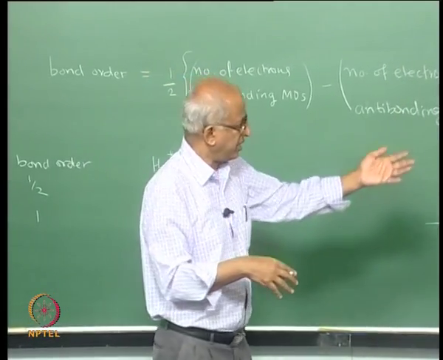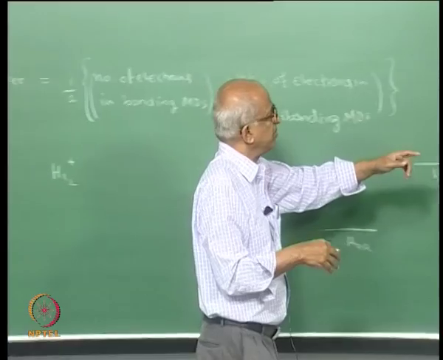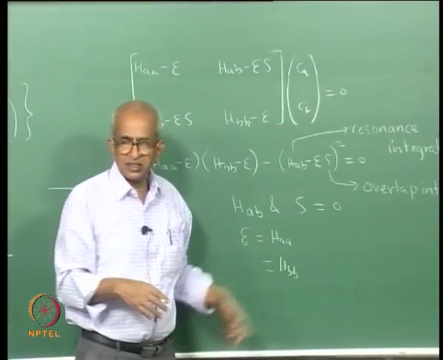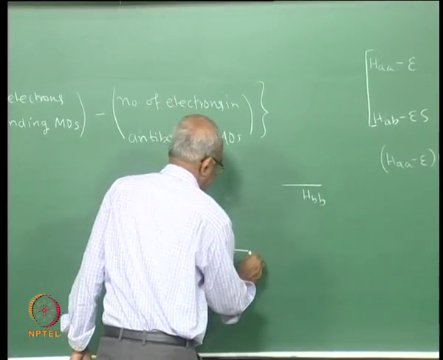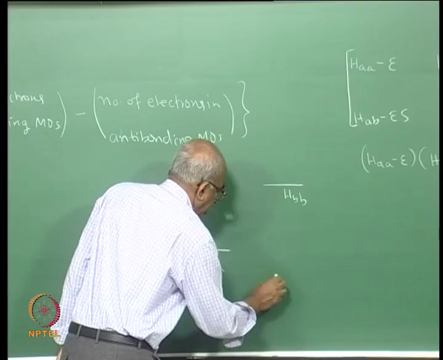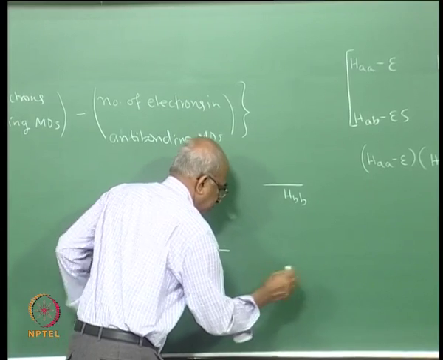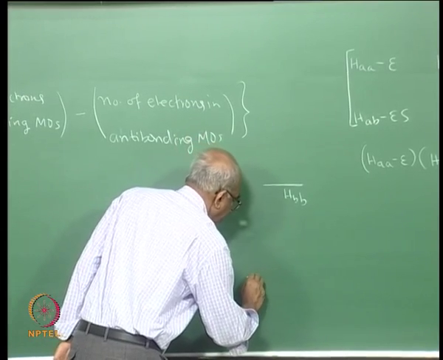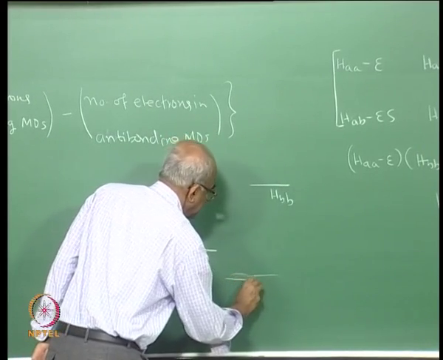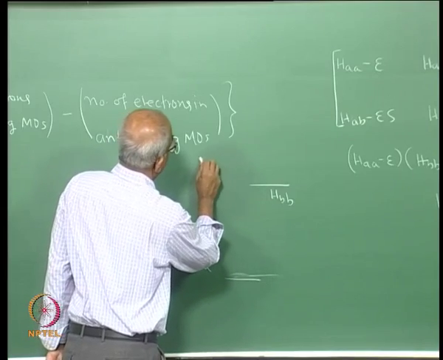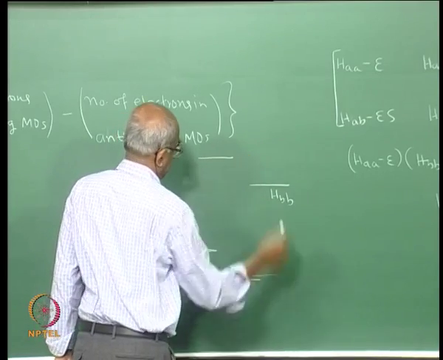You can actually analyze these equations and you can also determine the values of CA and CB, and then you will find that in such a situation the new molecular orbitals that result will have one orbital of energy that much and another orbital of energy that much.